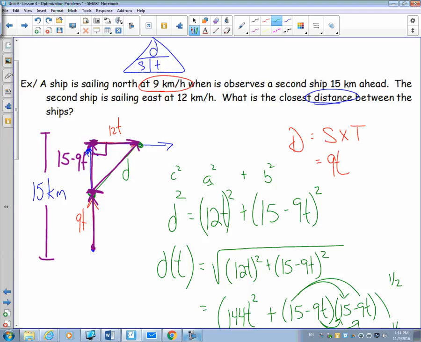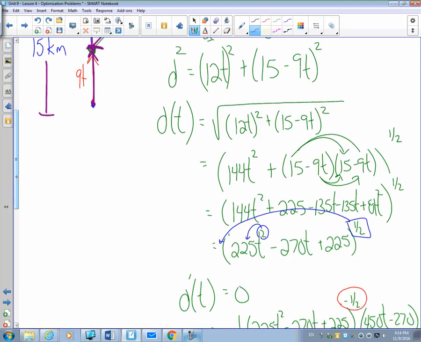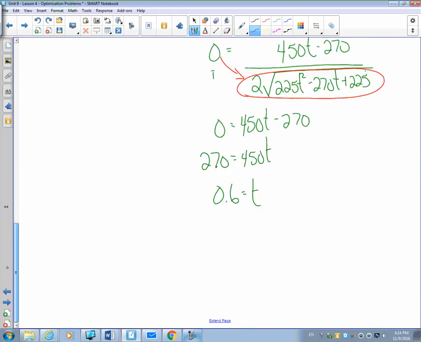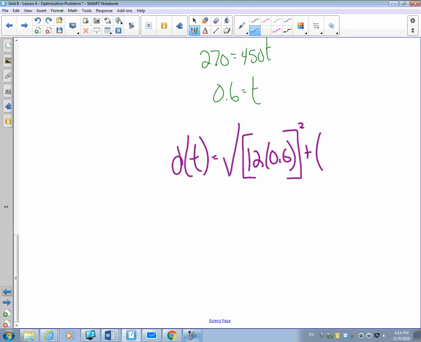Now, what does the question ask us? What is the closest distance? How do I find it? Remember when we started, we had all these expressions for d, actually. Any one of these will work. I'm going to pick the top one this time. So my distance in relation to t is the square root of 12 times t, which was 0.6, squared, plus 15 minus 9 times t, squared.